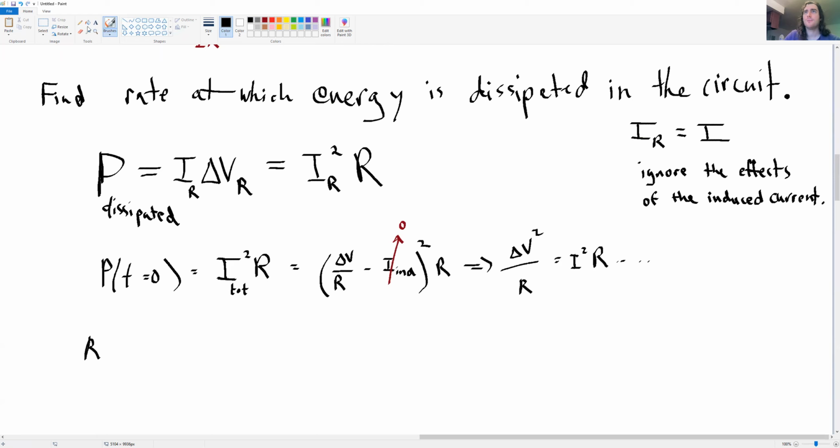Now, looking at power in the limit as t goes to infinity, this thing is going to be moving with constant velocity, and the amount of induced current is equal to the amount of current supplied by the battery.